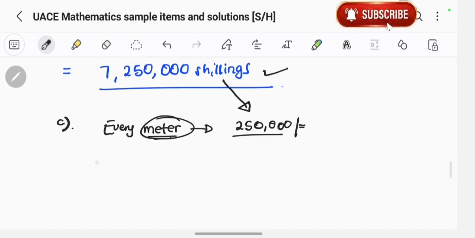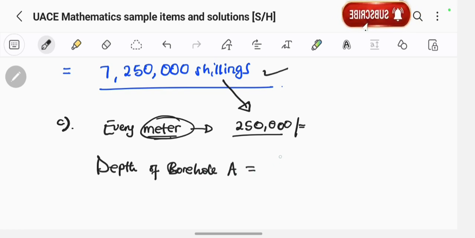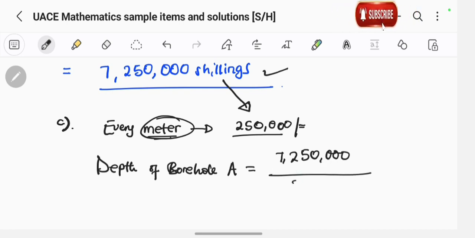So I'm going to say depth of borehole A is equal to 7,250,000 divided by 250,000.